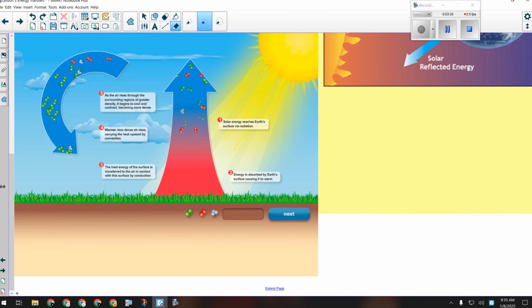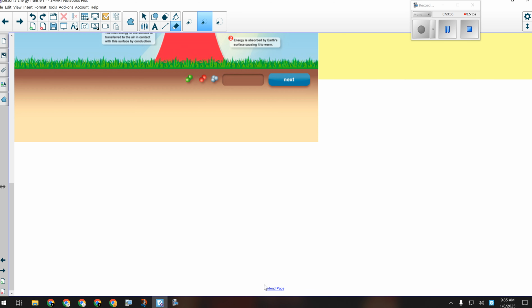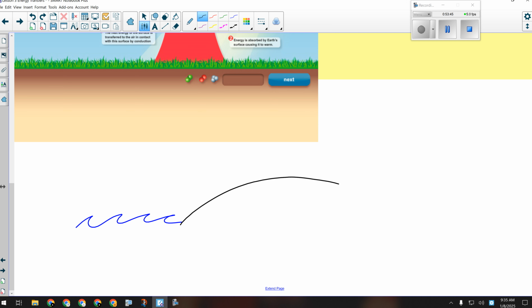In the morning, you're going to have to suffer through my terrible drawings here. Here's the ocean. Those are waves. And here's the land. So in the morning, is the land darker than the water?